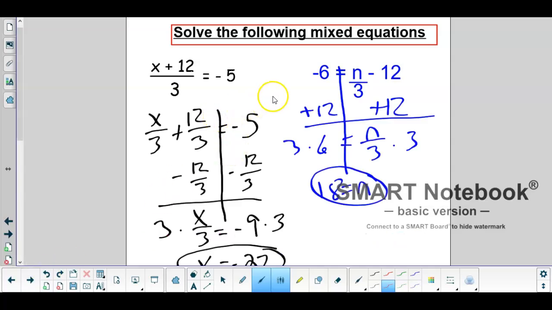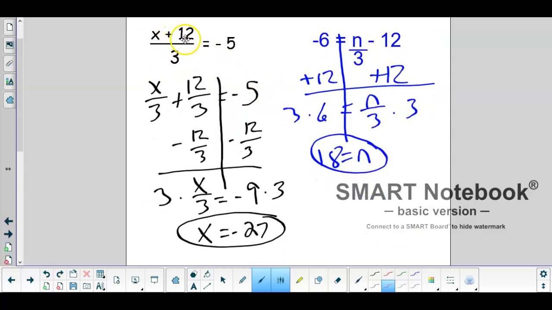Okay, so first one, this top left one, where we had x plus 12 all divided by 3 equals -5. Notice, I broke everything apart. Everything was being divided by 3, so I made it x divided by 3 plus 12 over 3, and the whole thing still equals -5.